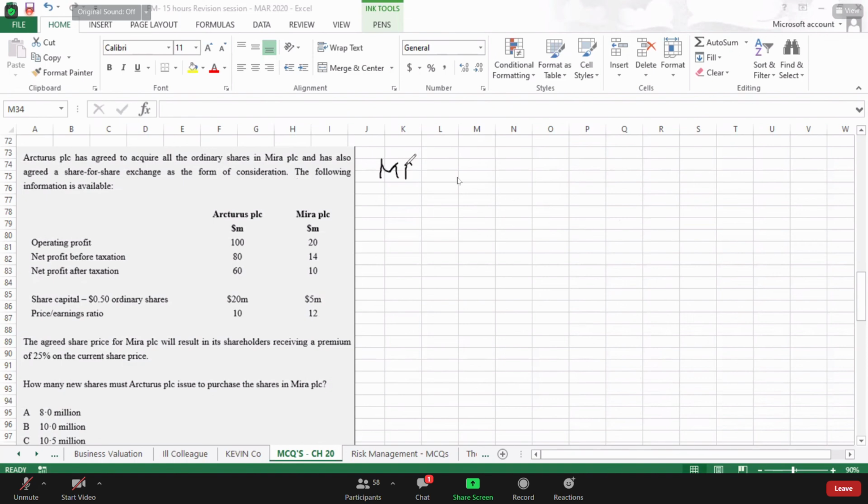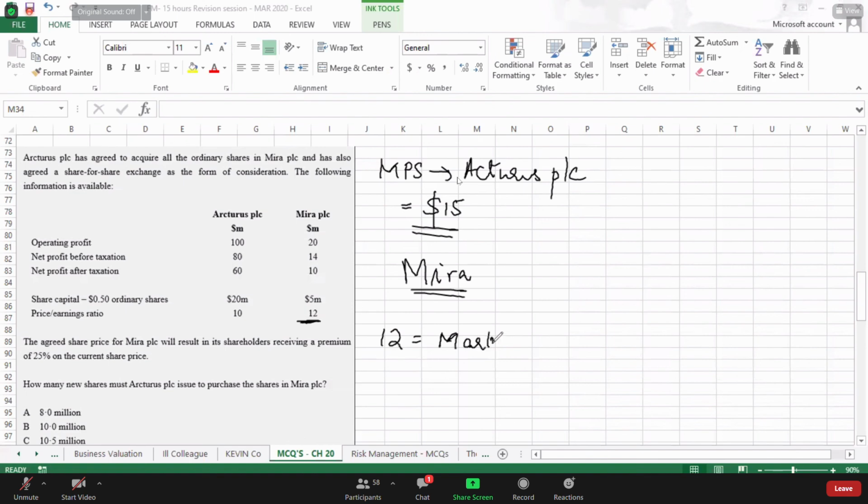First, we calculated the market price of the share of Arcturus PLC, which we got as $15. The value of Mira PLC, how can we calculate? The P/E ratio is given, 12 is equal to market value over earnings. Why am I taking market value over here? Because we've got the total value, that is 10, the earnings of the company. I'm not taking it on an earnings per share basis, I'm taking the total earnings.